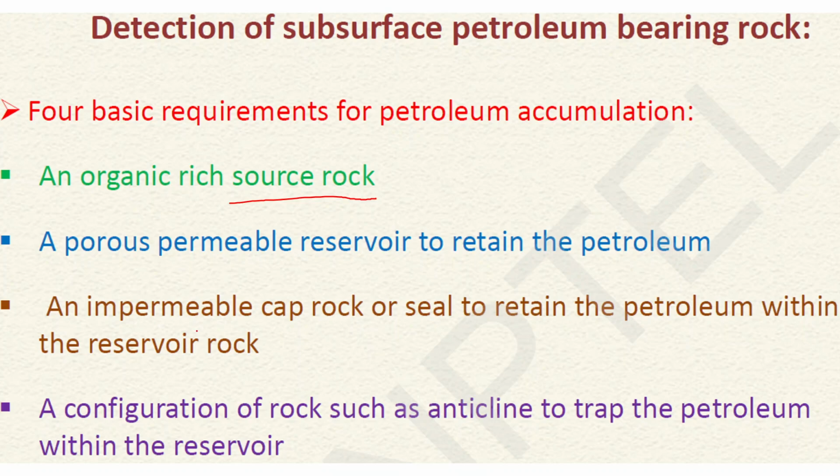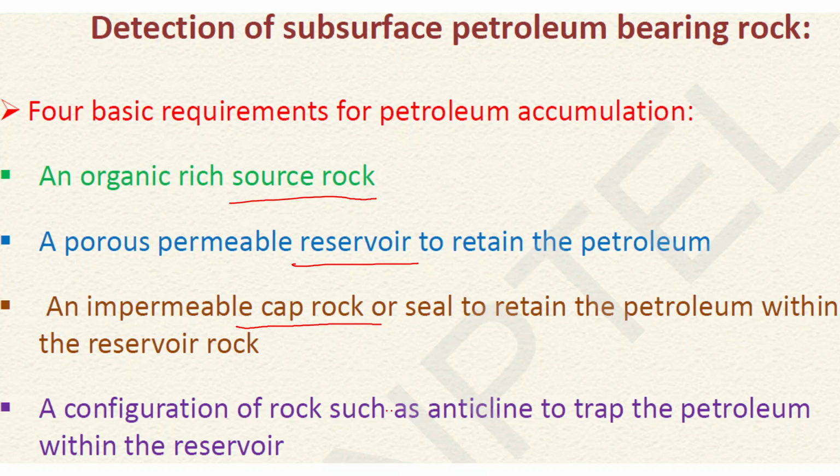Then a porous permeable reservoir rock. A reservoir rock is required, which should be both porous as well as permeable, so that it could retain the petroleum within it, I mean the crude oil within it. Then an impermeable cap rock is required to seal and retain the petroleum so that it does not escape.